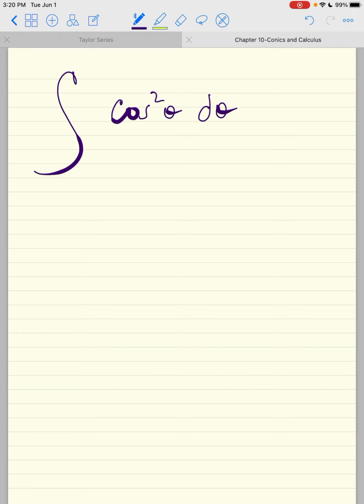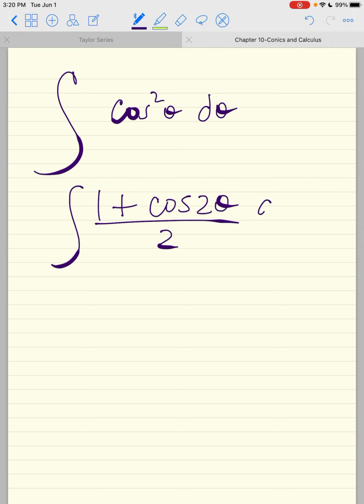So cosine squared theta is equivalent to 1 plus cosine double angle over 2. So you can rewrite this as 1/2, or you can pull out the 1/2 in the front, but I'm just going to rewrite it this way.